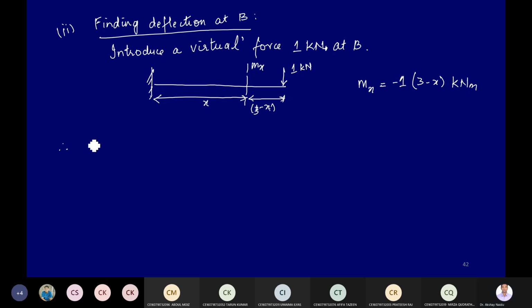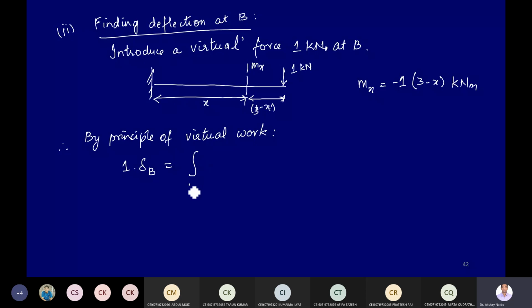Therefore now by the principle of virtual work, 1 times displacement delta B is equal to integral 0 to L, which is 3, small m capital M by EI dx.